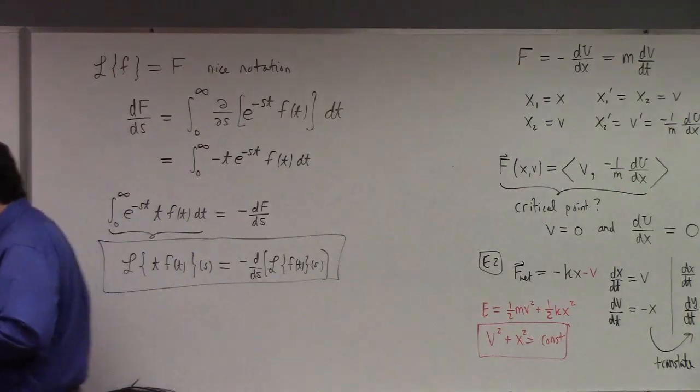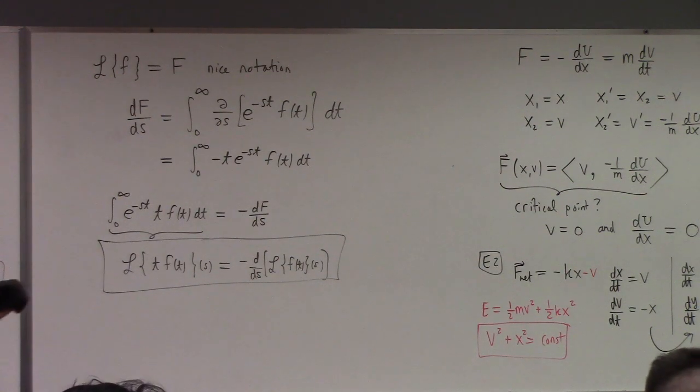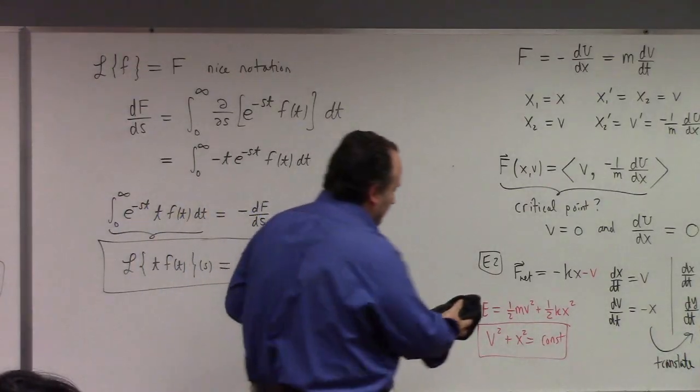Multiplication by t becomes differentiation by s with a minus. That's kind of wild, right? And okay, so what's the Laplace transform of t then?